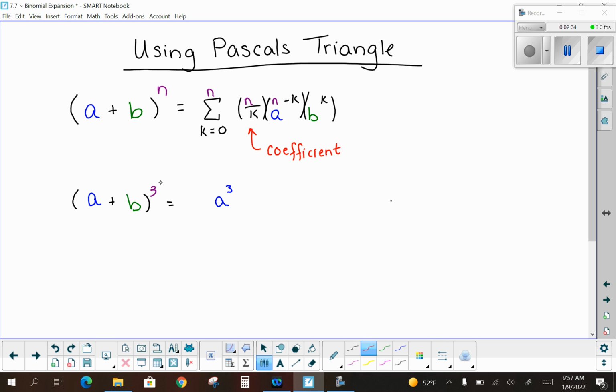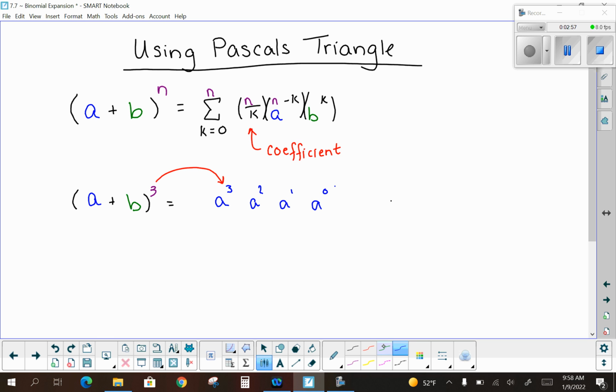So that first exponent is going to be right there. And then all I'm going to do is continue to write, but I'm going to count down 1 power each time, all the way to 0.